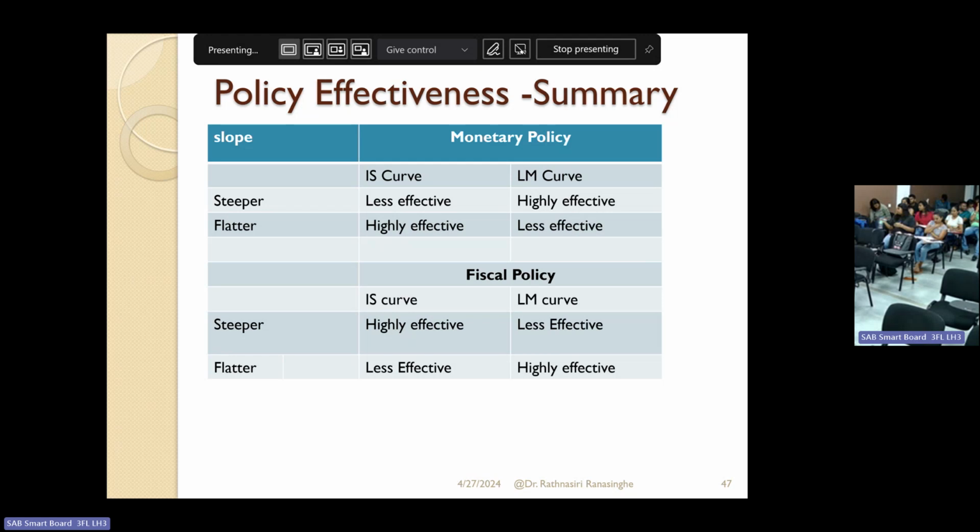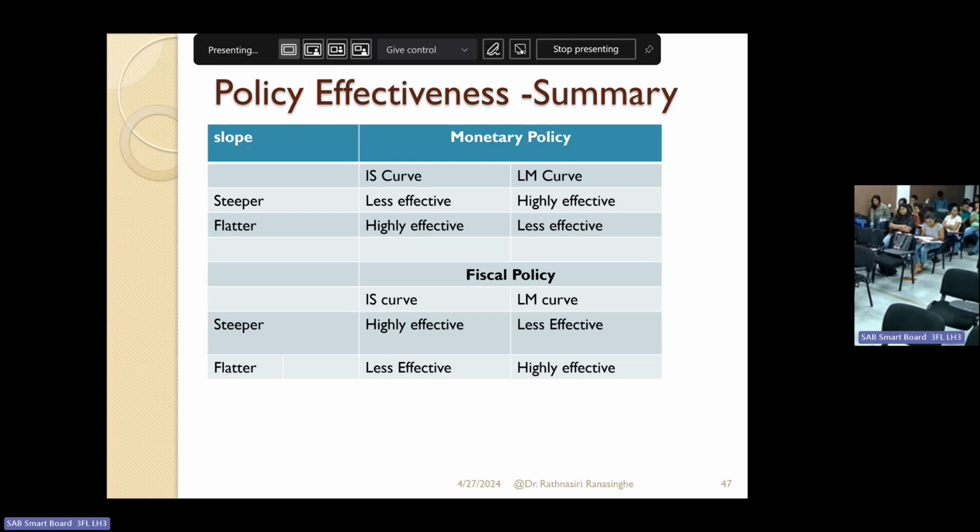The government raises expenditure and income increases from Y0 to Y2. But due to the adjustments, finally there is a decrease from Y2 to Y1. So this is the crowding out effect.